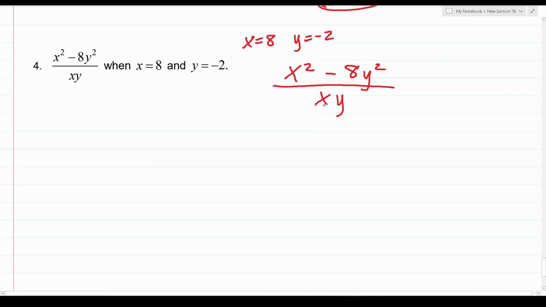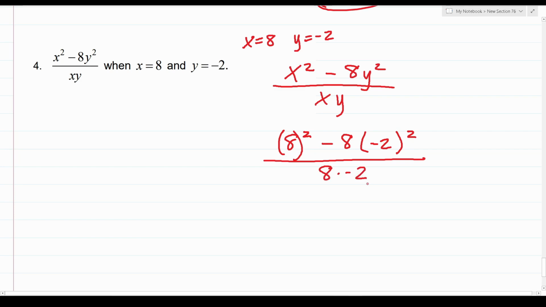So the first thing we're going to do is plug those values in accordingly. So this becomes 8 squared minus 8, and let me put that in parentheses, minus 8 times negative 2 squared all over 8 times negative 2.